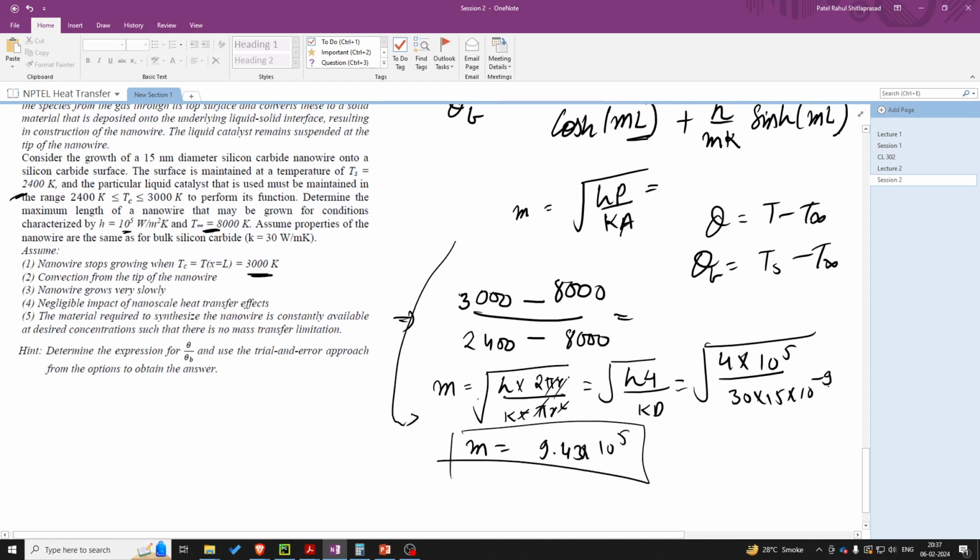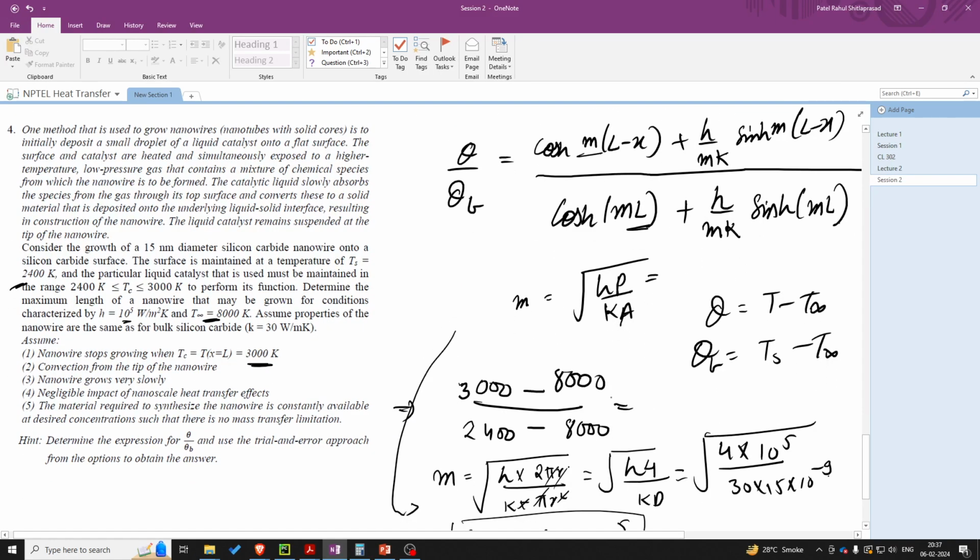So using this value, you will put it in this above equation and equate it to this term. This term will come around 0.893.